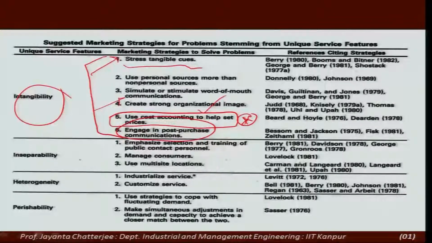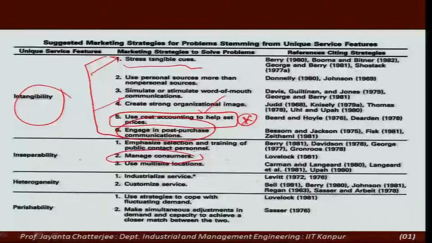We have the other ones, inseparability. So we have discussed how we manage consumers. Some of these issues we will discuss in today's session, where we study consumer in a services flow.